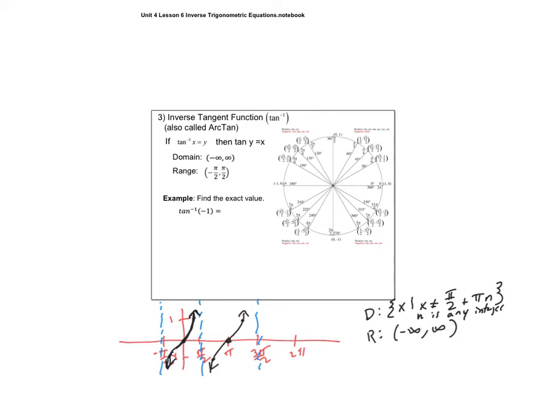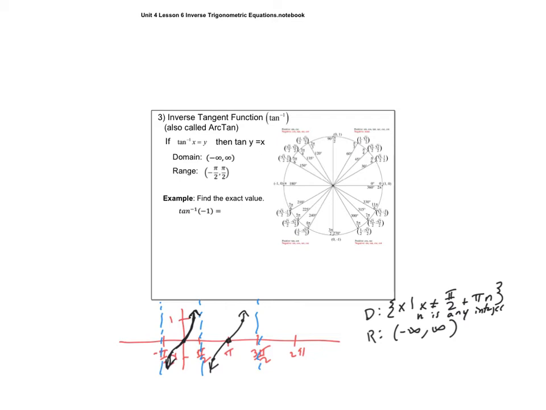So all we're saying with that is that you've got asymptotes at negative pi over 2, at pi over 2, at 3 pi over 2, at 5 pi over 2, 7 pi over 2, 9 pi over 2, and all those have asymptotes, so they can't be those, because it approaches those values but doesn't equal those values.